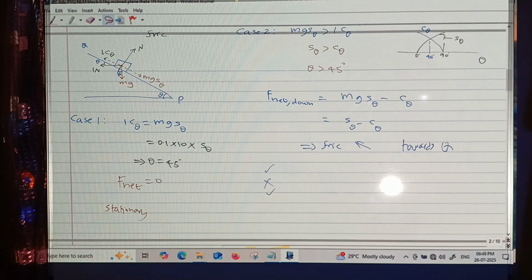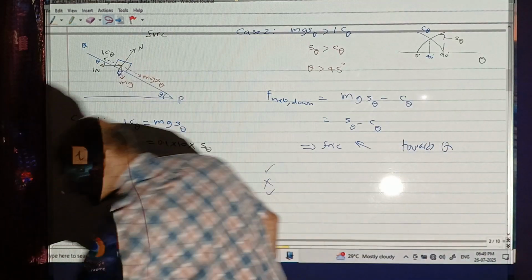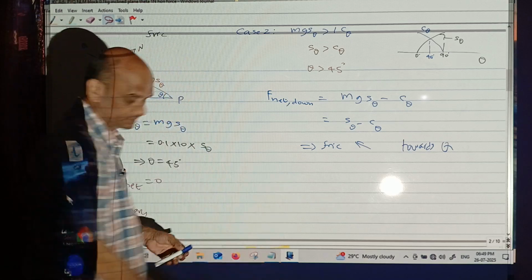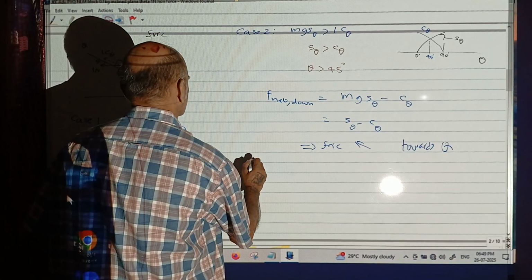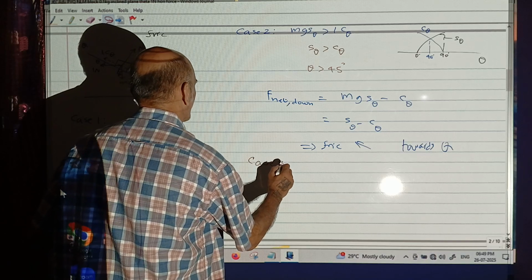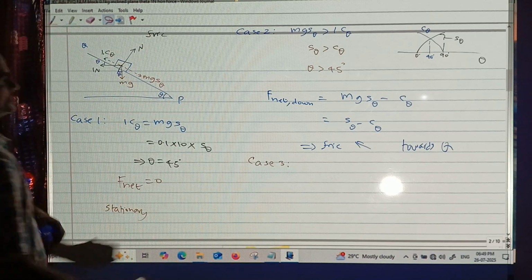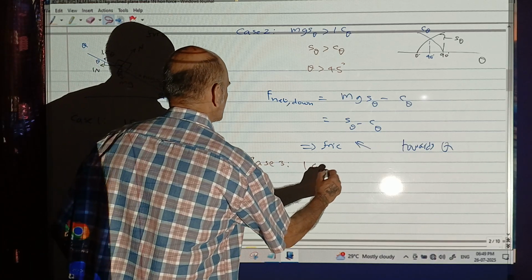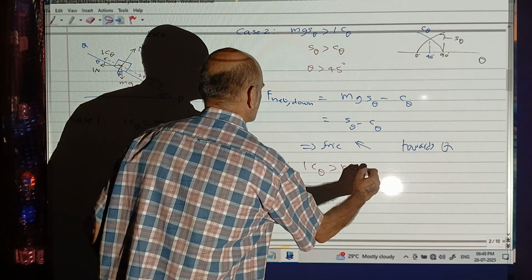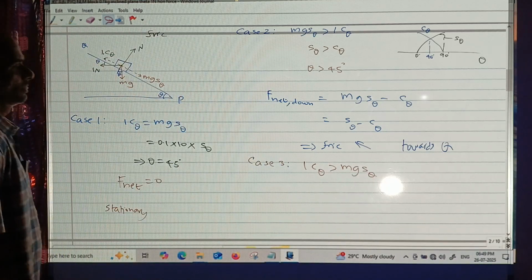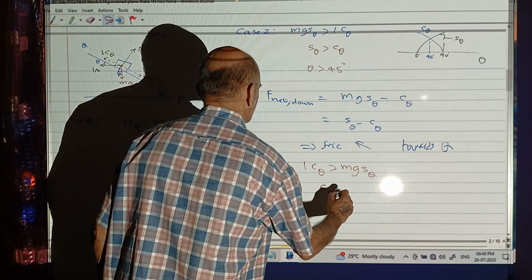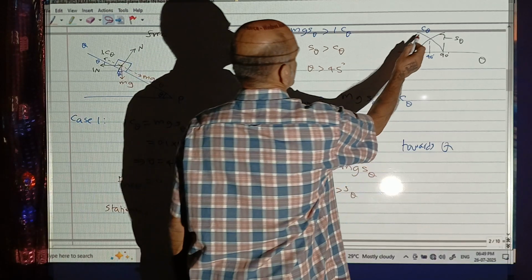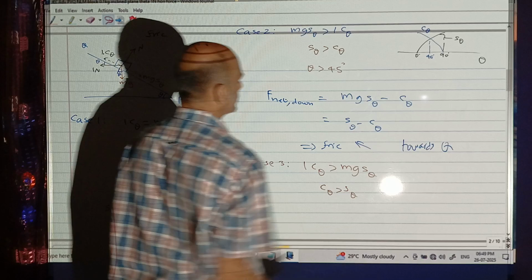And the third case is the upward force is dominating. Upward force is 1 cos theta. It's greater than the weight component along the plane downwards. So this means cos theta is greater than sin theta. Cos theta greater than sin theta means the angle should be between 0 and 45 degrees.